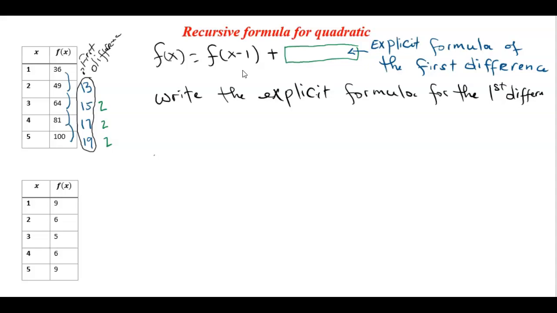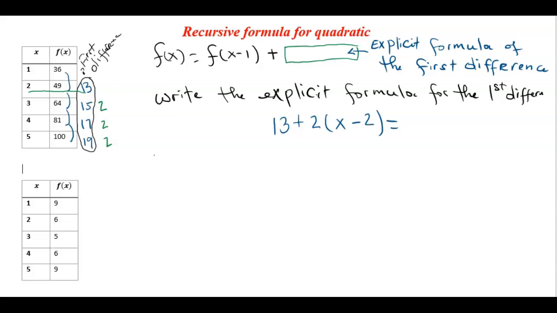So we have 13 plus the common difference, which is 2, the second common difference, times x minus. Now 13 is attached to the second term, so if we make a line right here, you can see that's going to be minus 2.